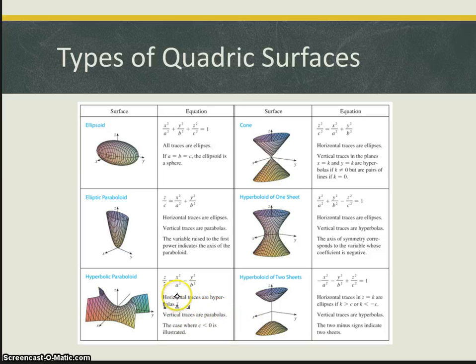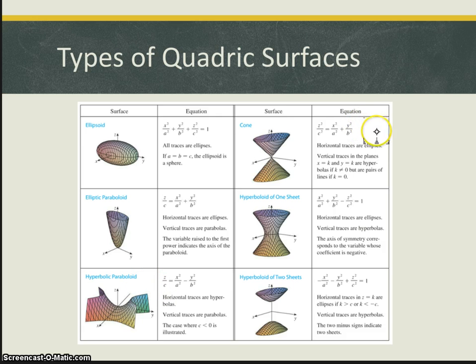What's interesting here is that the horizontal traces are hyperbolas and the vertical traces are parabolas. Now, they are indicating here that in this illustration we have the case where the denominator of the z variable happens to be negative.